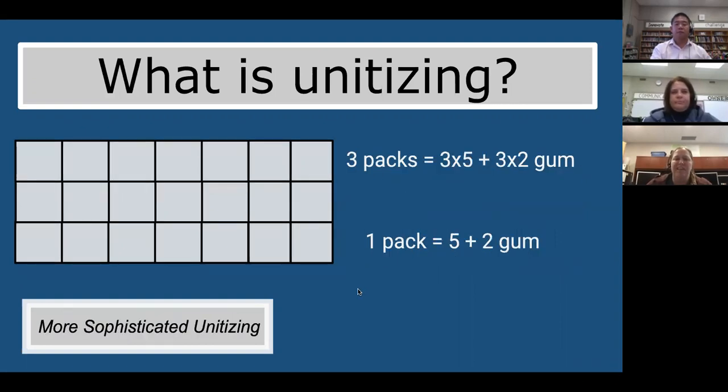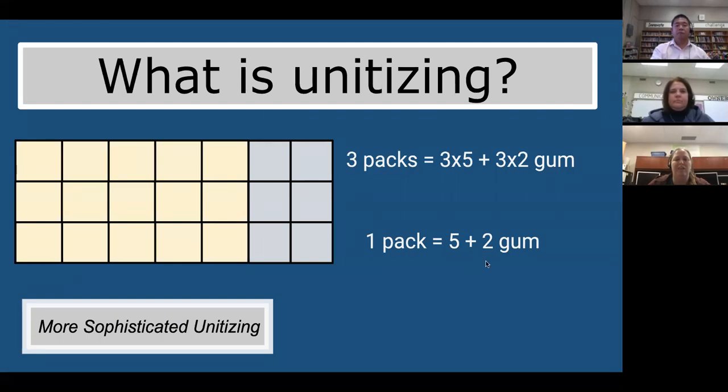Another thing they can do, which is different from that, is to unitize in a more sophisticated way. They might break up the composite and work with those pieces separately because maybe they know something about those pieces. So here's a student who might know that 1 pack would be 5 plus 2 gum if it's got 7 pieces.